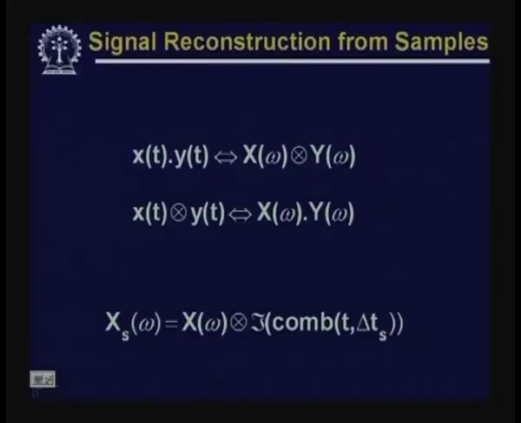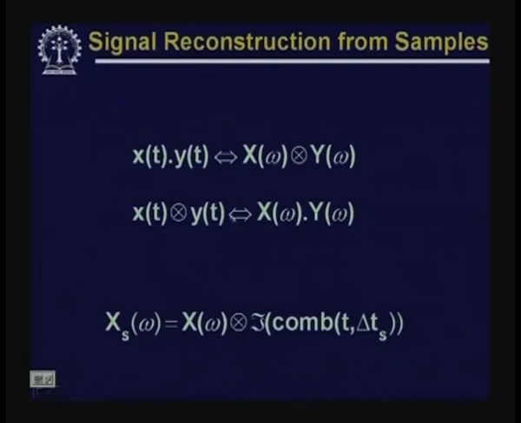That is to say, x(t) into y(t) is equivalent to X(omega) convolved with Y(omega). Similarly, if you take the convolution of x(t) and y(t) in the time domain, that is equivalent to multiplication of X(omega) and Y(omega) in the frequency domain.